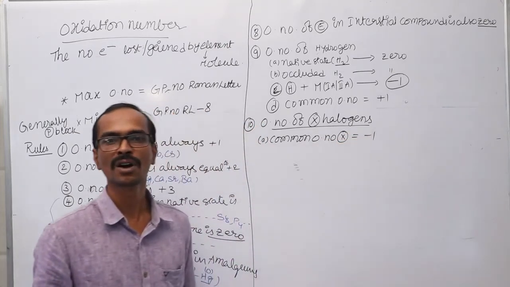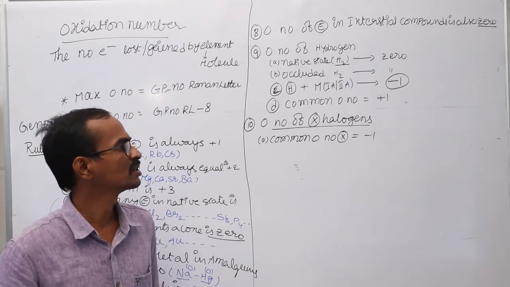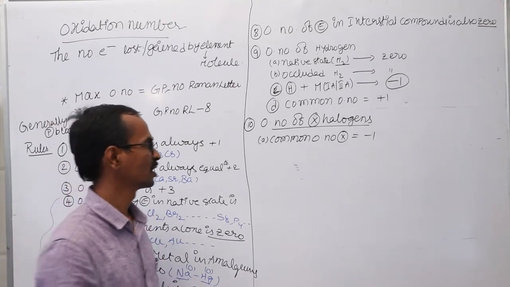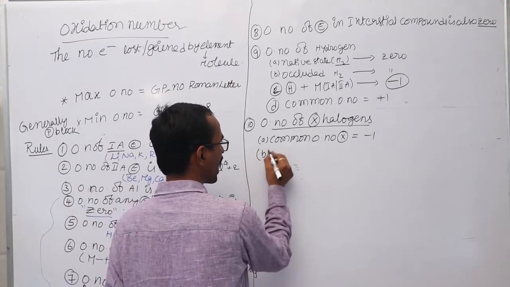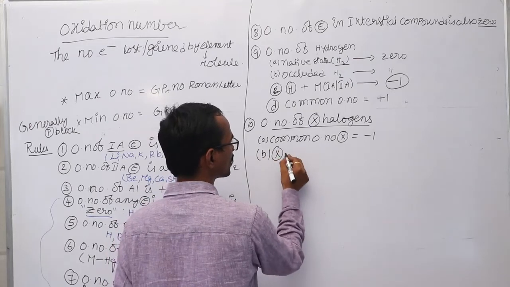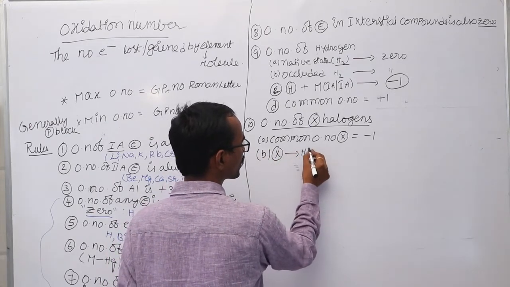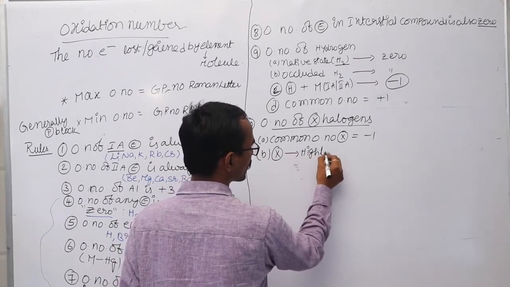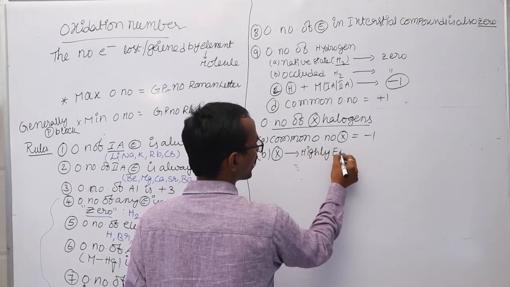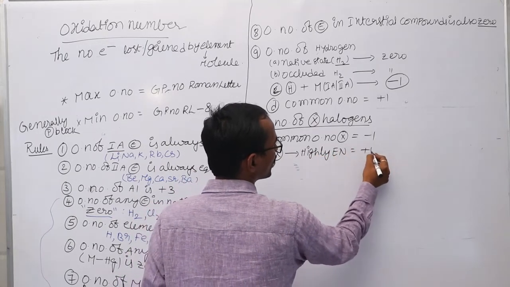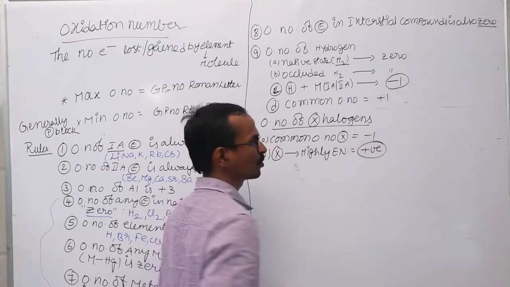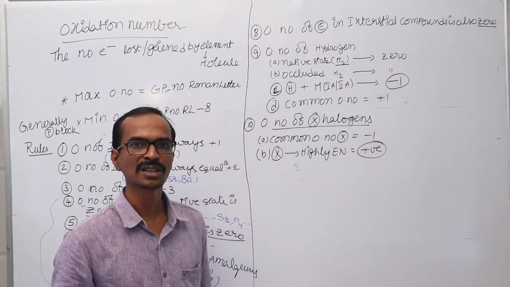If halogen combines with highly electronegative elements, it exhibits a positive oxidation state.